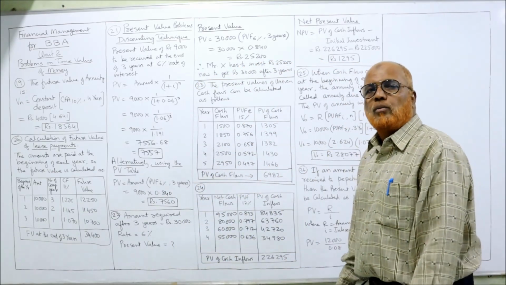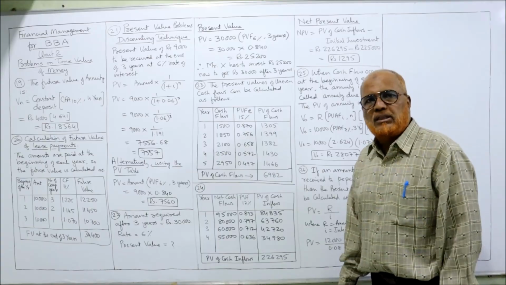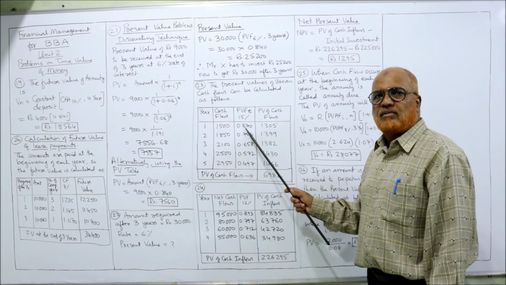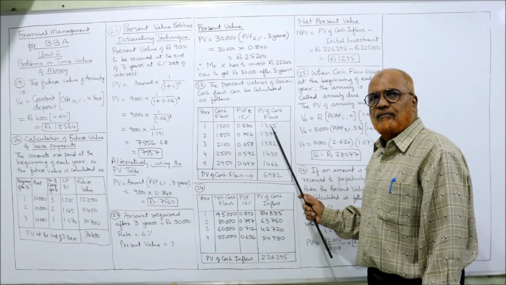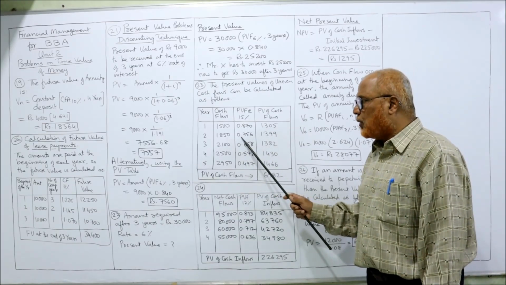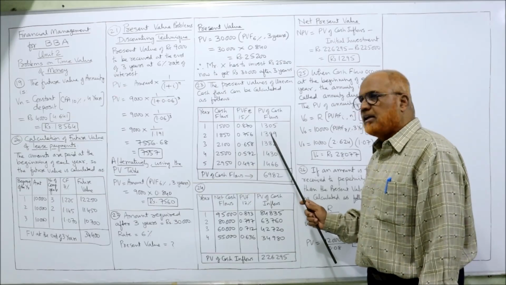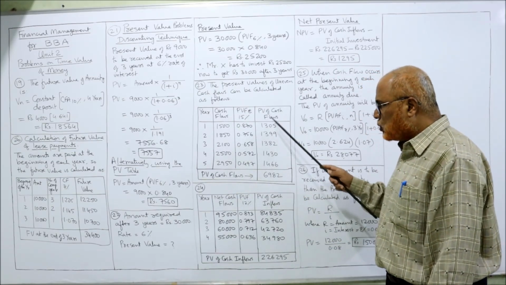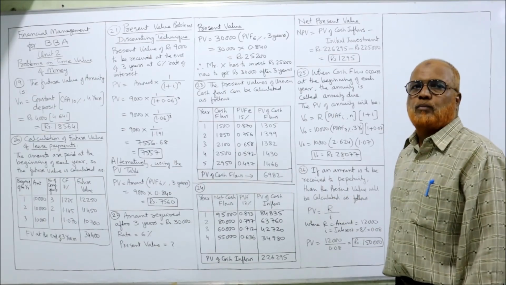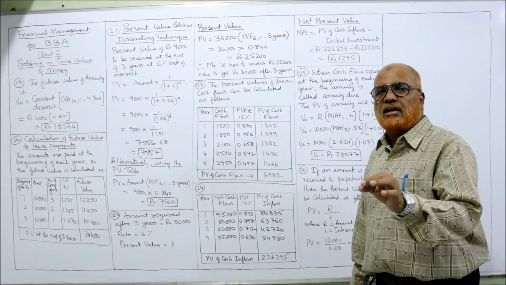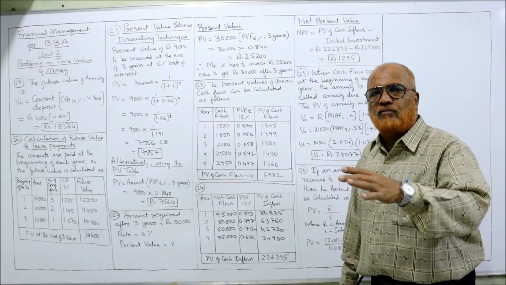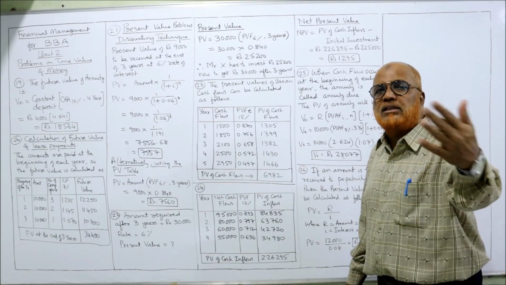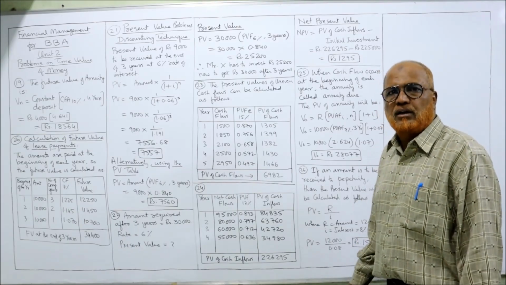Now simply you have to multiply the amount with the present value factor. 1500 into 0.870, 1305. 1850 into 0.756, 1399. Like that you multiply all the amounts into PV factors, and the total is 6,982. So 6,982 is the present value of the stream of cash flows which we are going to get in the next 5 years.